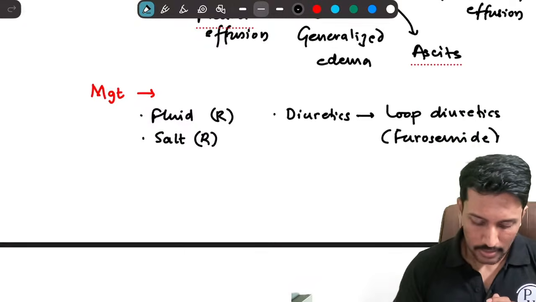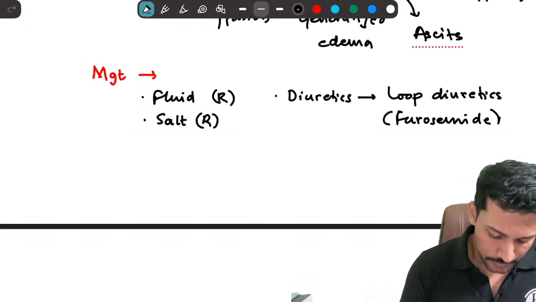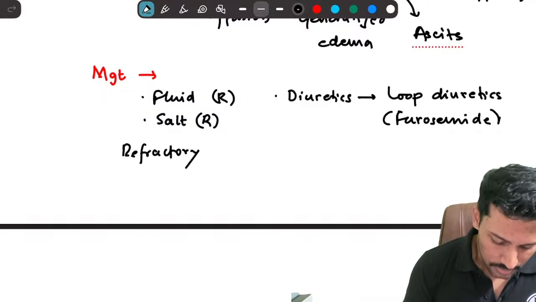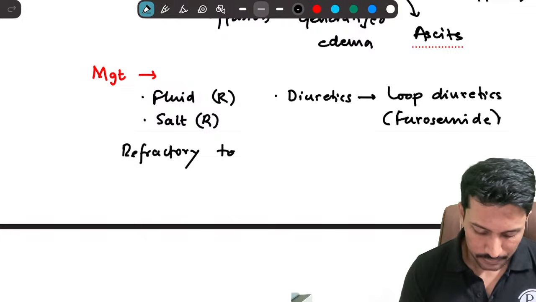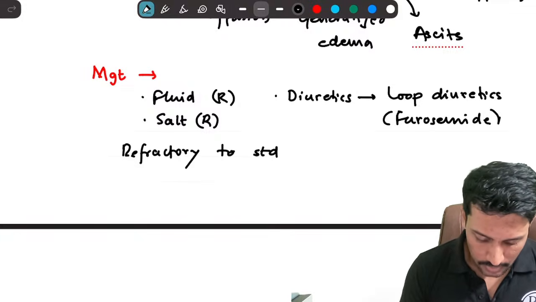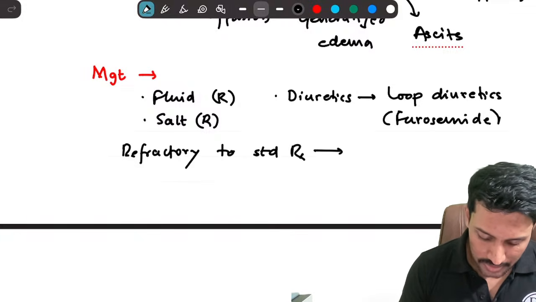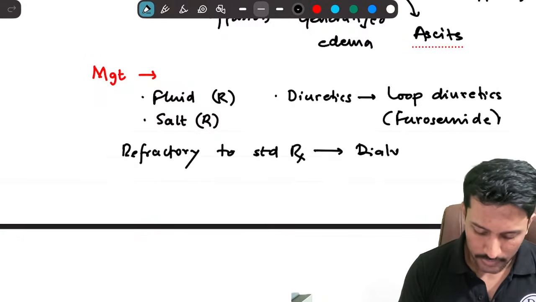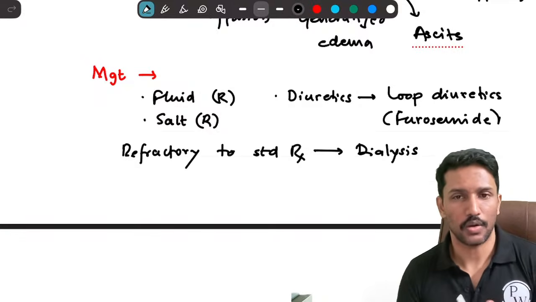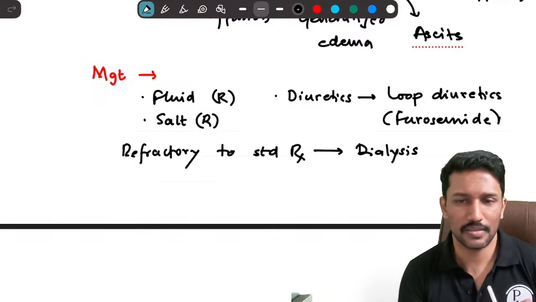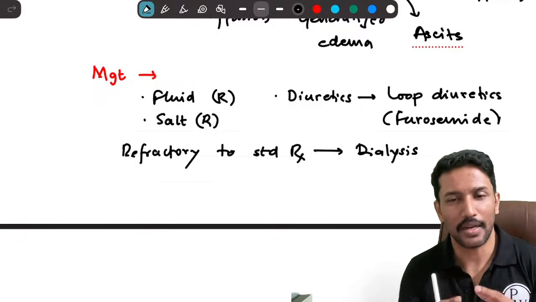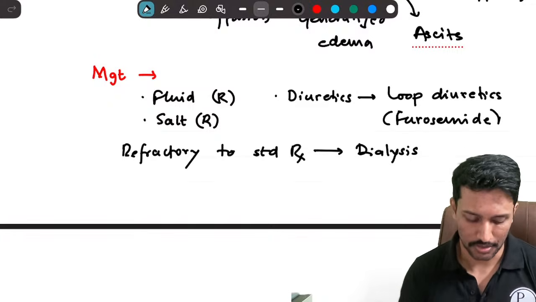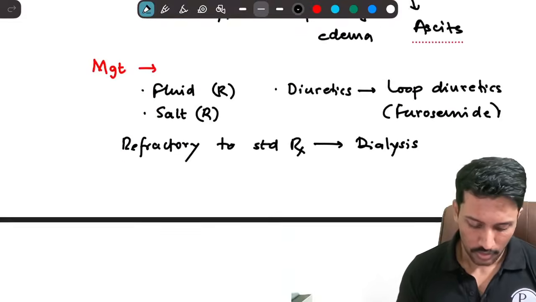And then, despite the fluid restriction and diuretics, if they are refractory to the standard treatment, what do I do? The last resort is always dialysis. So I will dialyze and remove this excess water. But at least in the initial stages, I can try to manage this volume burden by giving diuretics, fluid restriction, and salt restriction. So that is one complication.